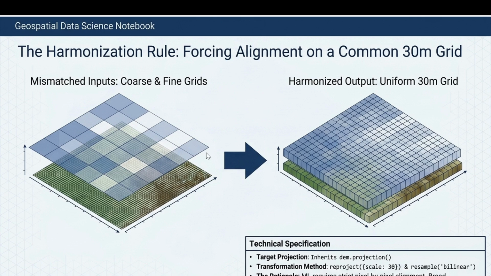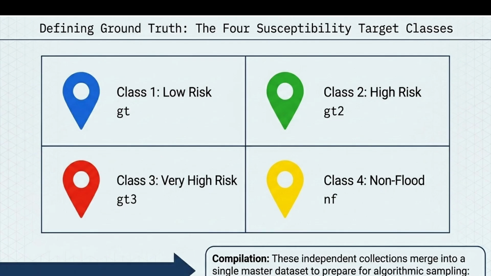So for that, we create a harmonized output, a uniform 30 meter grid. You apply the projection and convert. Okay, reproject to scale 30 meter. We simply convert and make a similar scale value.